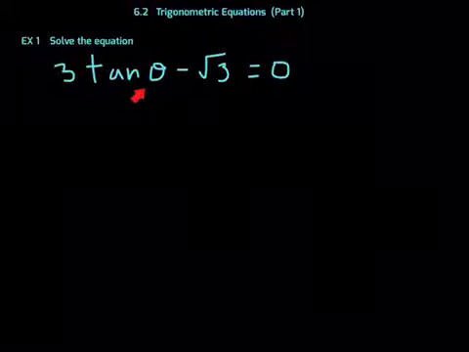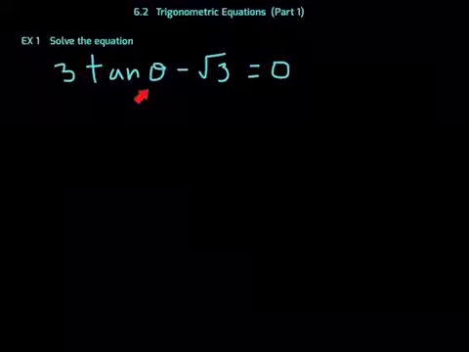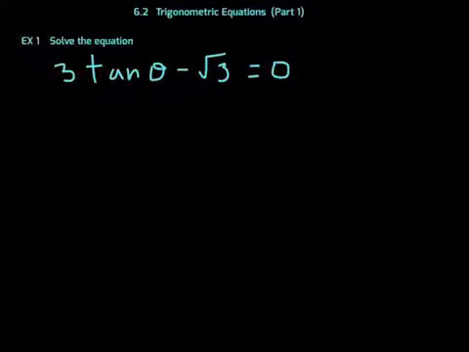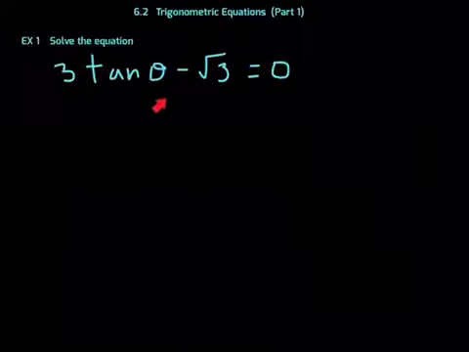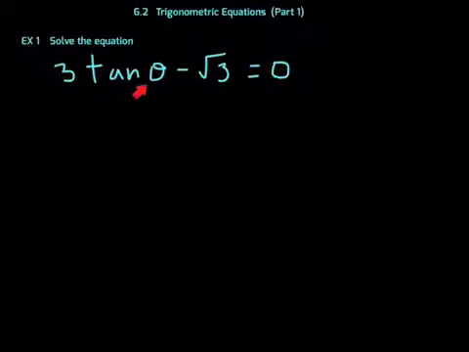To find the value of the variable that satisfies the statement. That is to say, find the value of theta that makes this statement true. Find the angle theta such that tangent of that angle, times 3, and then minus root 3 gives you 0.